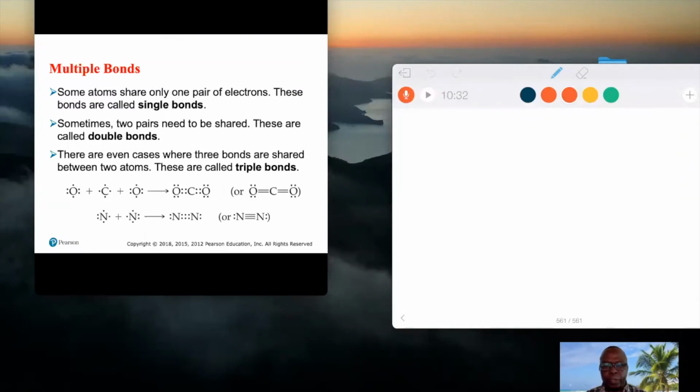When elements form compounds, they share their valence electrons in such a way that they obey the octet rule, which means they end up with 8 electrons. Carbon has 4 valence electrons, forms 4 bonds. Nitrogen has 3 valence electrons.